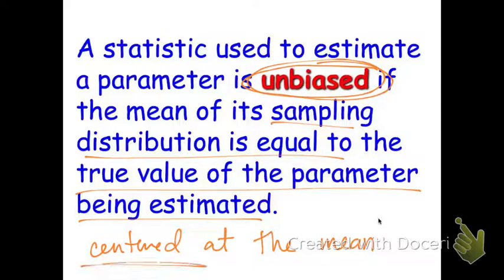If it's skewed left or skewed right, then that would be biased. You want it centered at the mean. You'll see examples on multiple choice where it gives you 4 different distributions and asks which is the most unbiased. You're looking for the one centered at the mean.